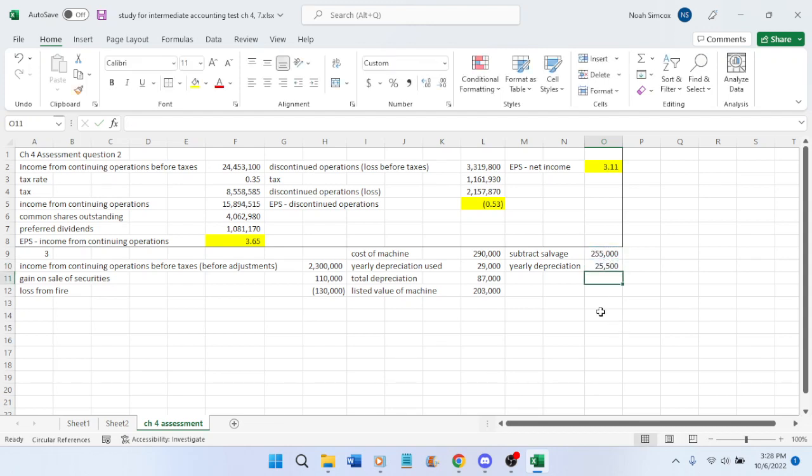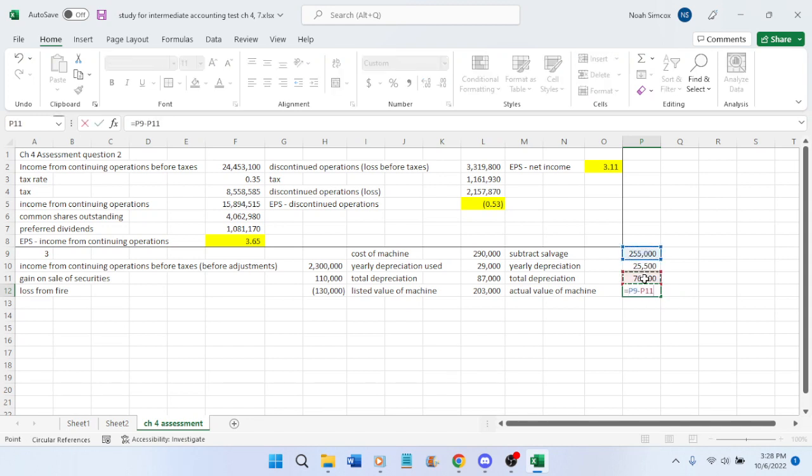Well, that's so easy. So total depreciation is equal to this times 3. So actual value of machine equals this minus this.